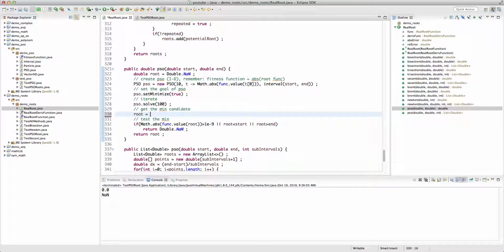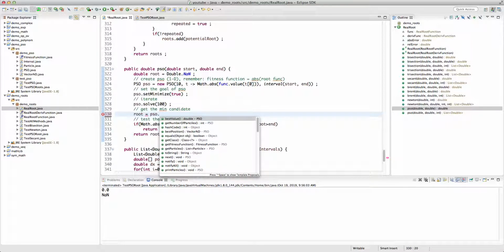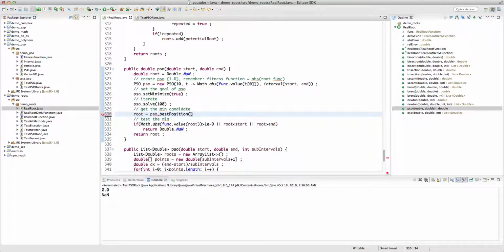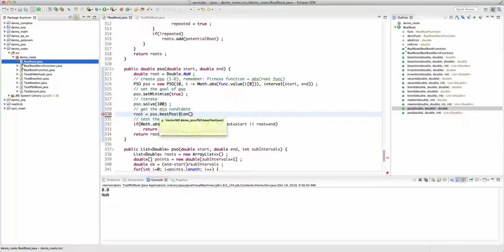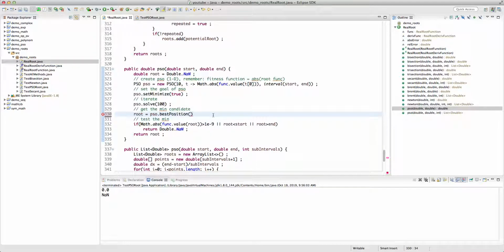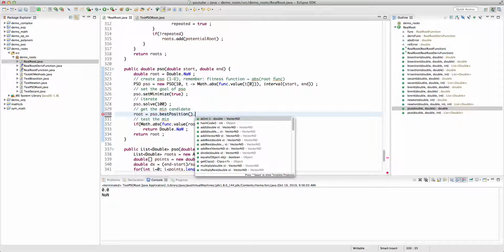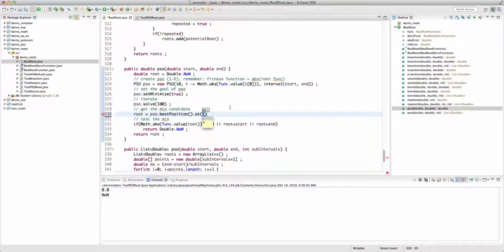So what I need to do is get the vector. So PSO best position. All right, and this returns a vector nd, an n-dimensional vector, if you recall. And in the vector nd, if you recall, we defined a method at to get the component at some index, and this is index 0.